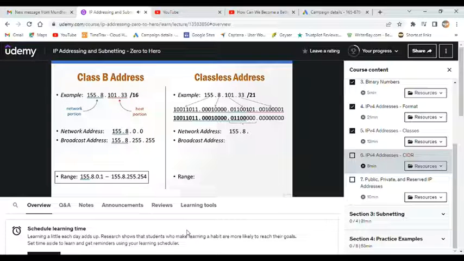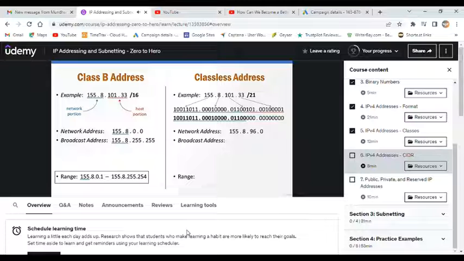So we need to calculate 101 minus 5, and that's going to be 96. Or you can add these two values, which are 64 and 32. Either way, you get 96. And then in the fourth octet, we're going to have all zeros, and that's easy. That's just 0 in the decimal format as well.